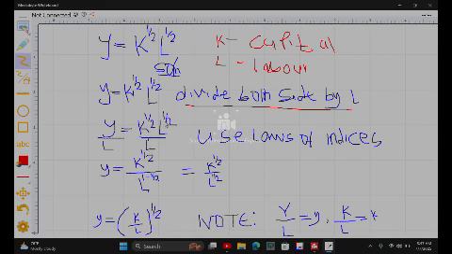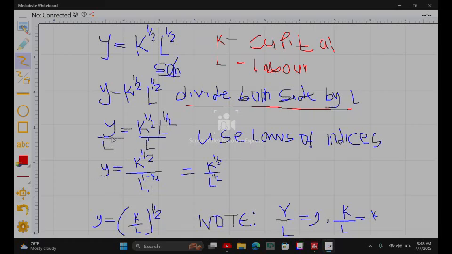When I'm carrying this exponent down here, it becomes negative. So this one is already L raised to the power 1, so L raised to the power 1 minus half. This is the law of indices.